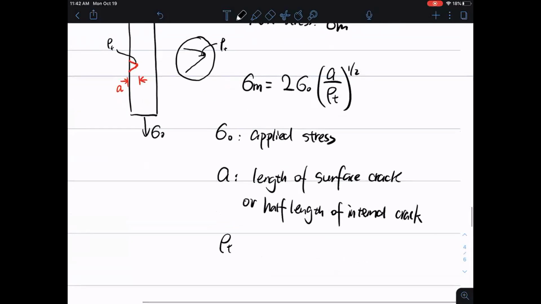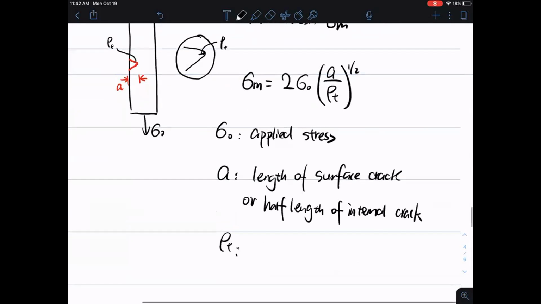Rho t is the radius of curvature of that crack tip.